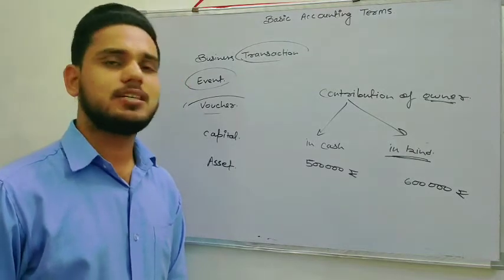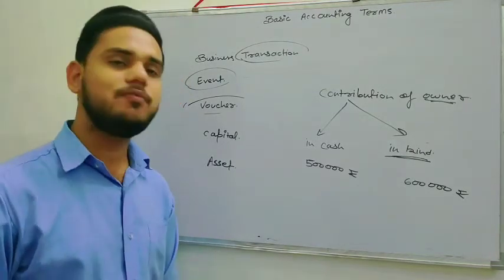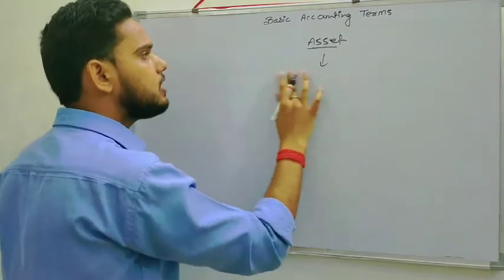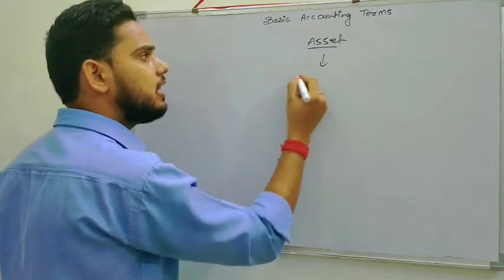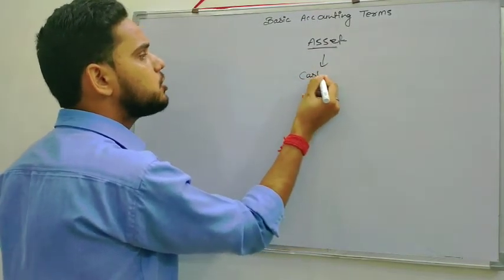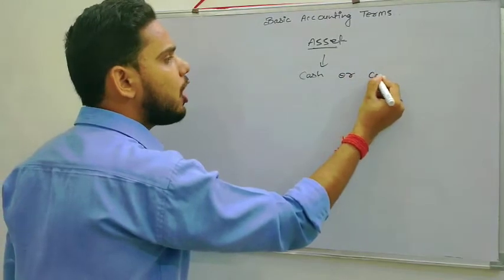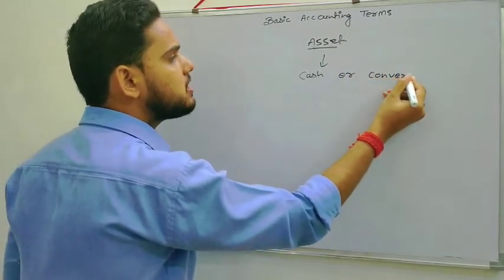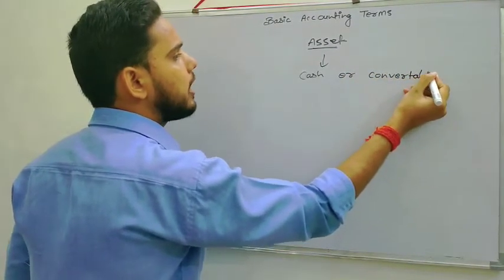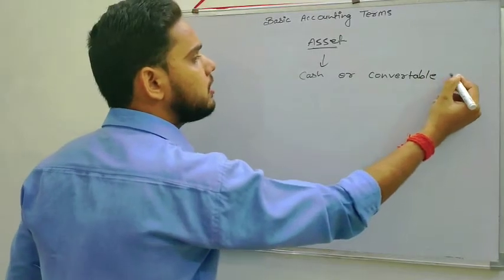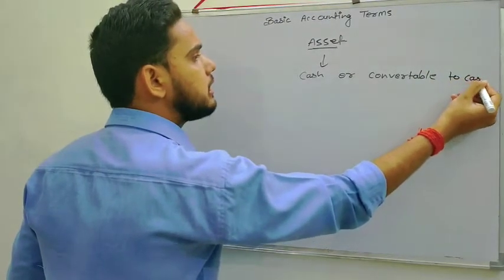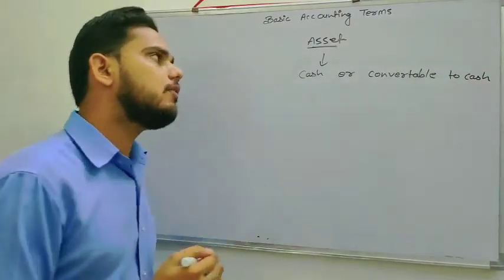So let's see the last term, which is asset. Asset means something which is already cash or which is convertible to cash. Means if we want, we can convert it into cash in future.